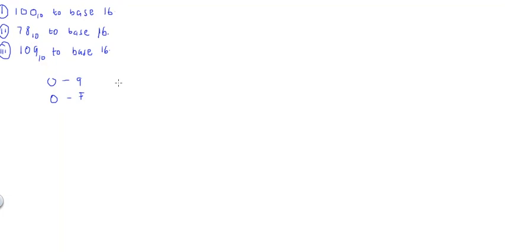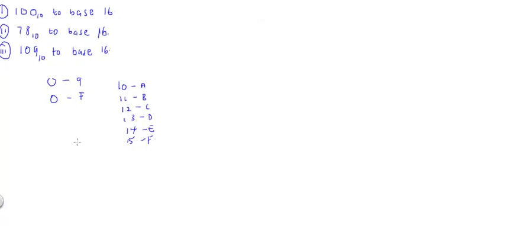So 10 stands for A, 11 is B, 12 is C, 13 is D, 14 is E, while 15 is F. So these are things you need to take note of, and so that means it consists of the general 0 to 9 for the decimal and A to F, while each of them has the equivalent of A is 10, B is 11, C is 12.